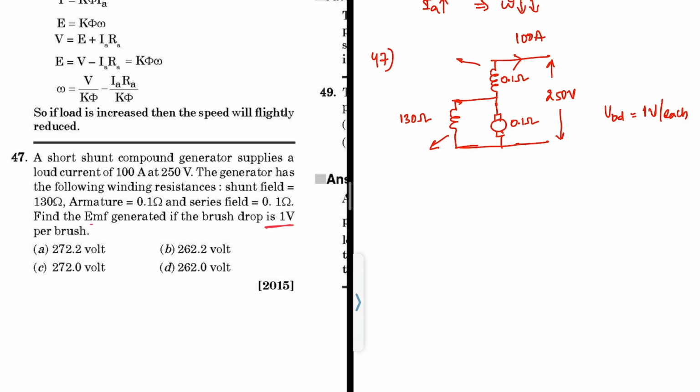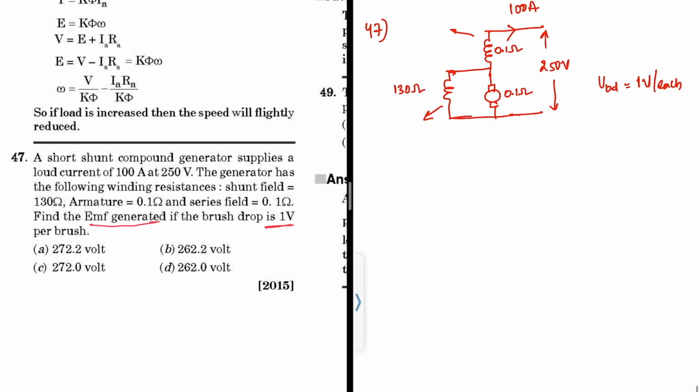They ask for the EMF generated, Eg. In order to calculate this Eg, we will use basic network analysis. If you write the loop equation here, Eg equals 250 plus IaRa, where Ia is the armature current, plus 100 into 0.1.